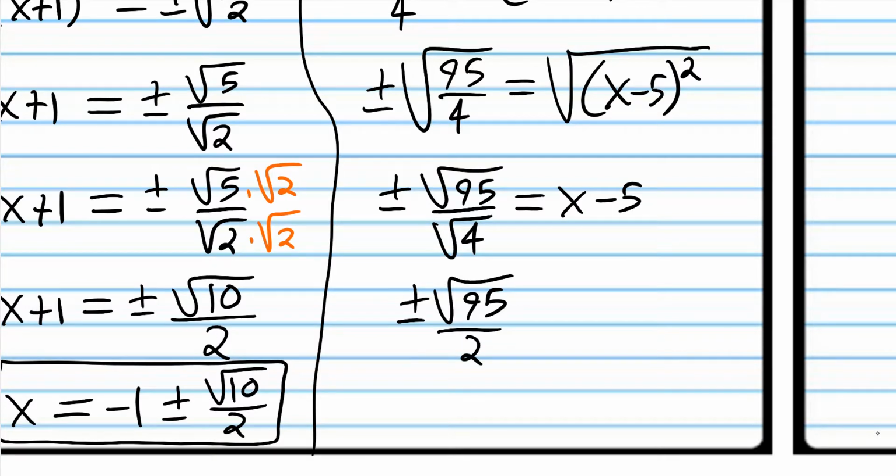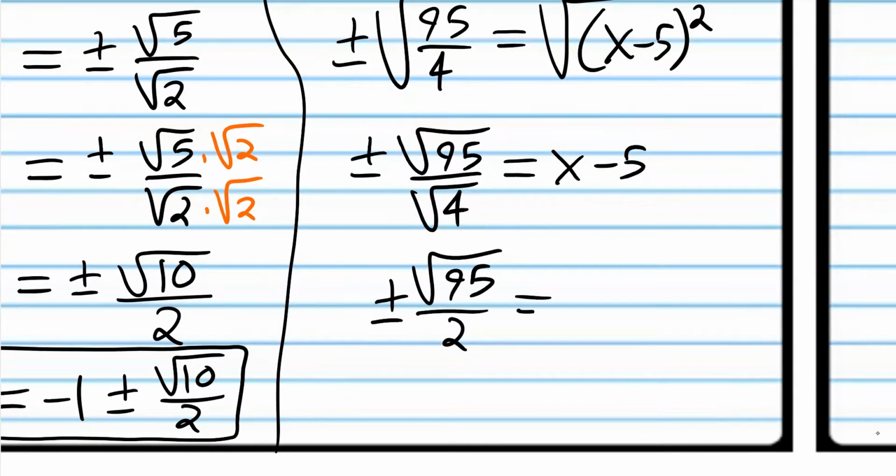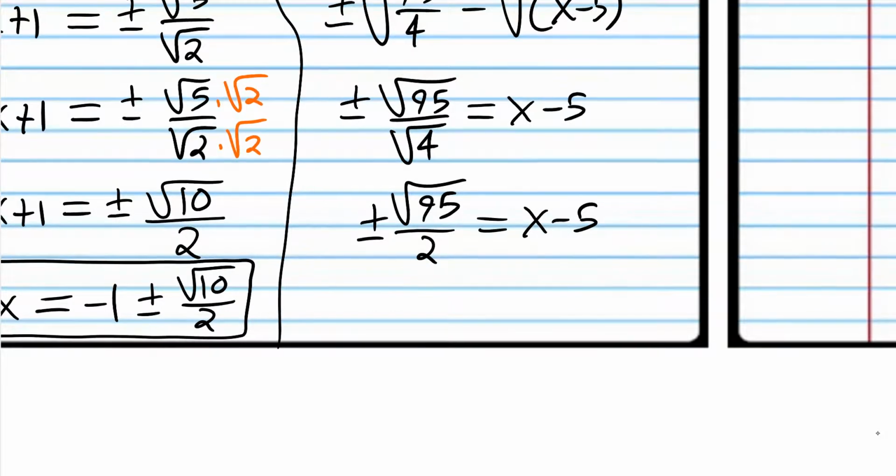And by the way, you can put the plus or minus here. It's probably best to put it so it's level with the fraction line. And the final answer, x is equal to 5 plus or minus the square root of 95 over 2.